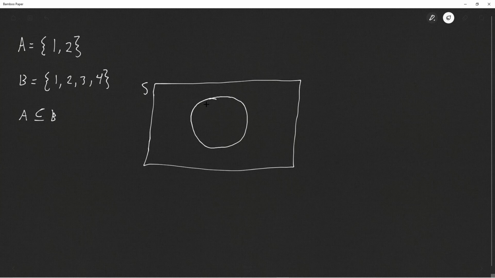This means that our A has to be inside of B, because A is a subset of B. This will be our 1 and 2, and just in our B is going to be our 3 and 4. However, if we also randomly had the number 5 in our set, that is when it would be outside of our A and B, just regularly in our space.